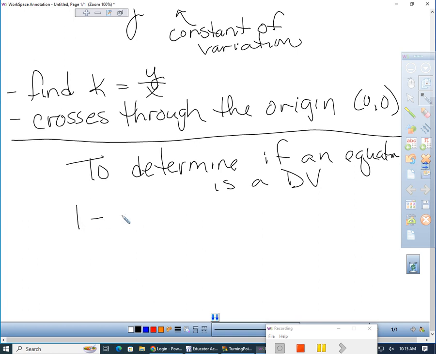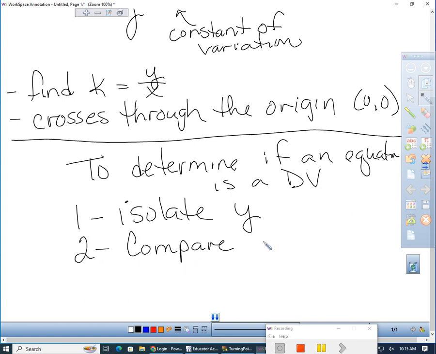Step number 1, isolate y, which just means we want to get y by itself. Step 2, compare your equation to y equals kx. If it's in the exact same form, then it's a direct variation, and you get to say yes, and then state the k value.